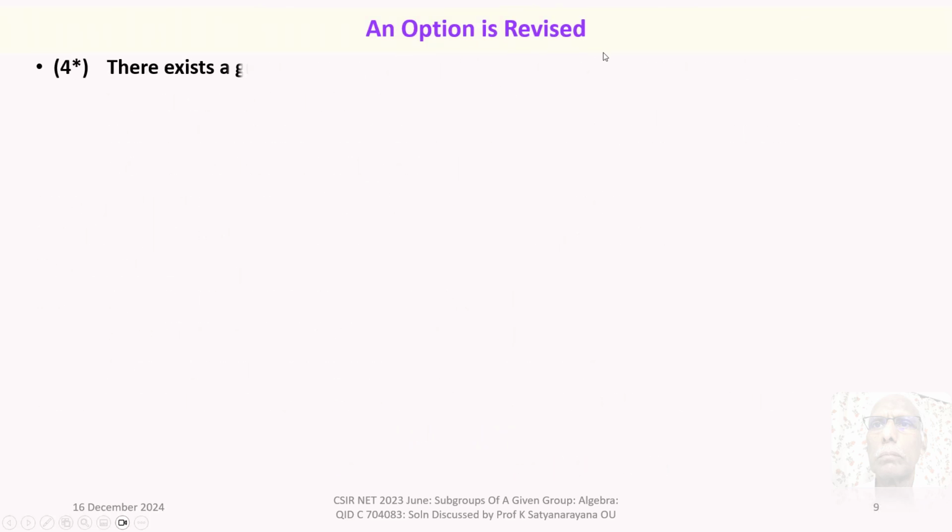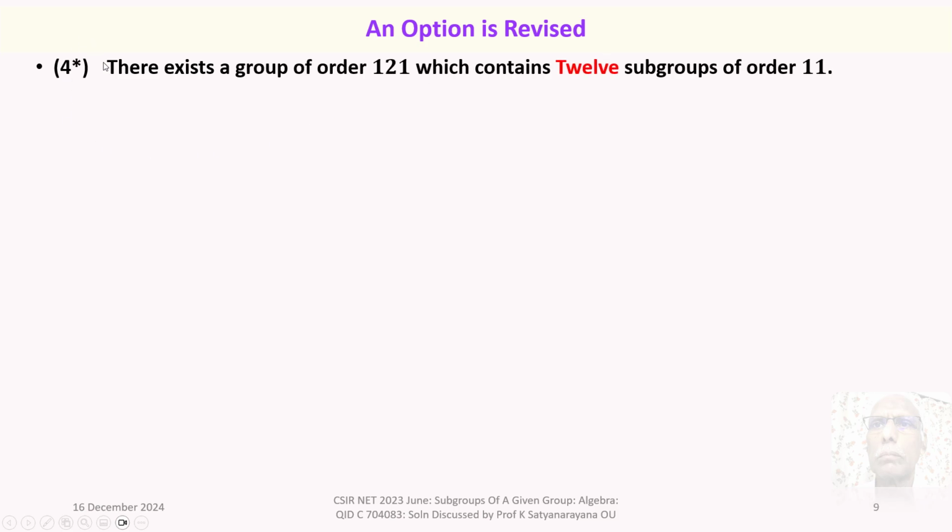The fourth option is revised. 4 star we said: there exists a group of order 121 which contains 12 subgroups of order 11. Previously, we have shown 2. That was sufficient for us because the option was only about 2. Now it says 12.